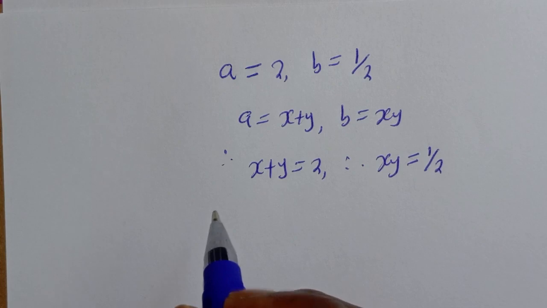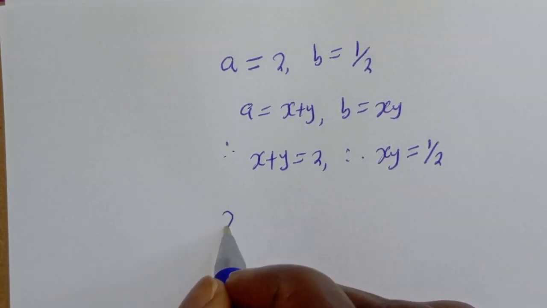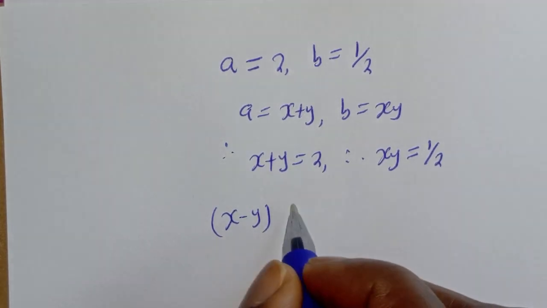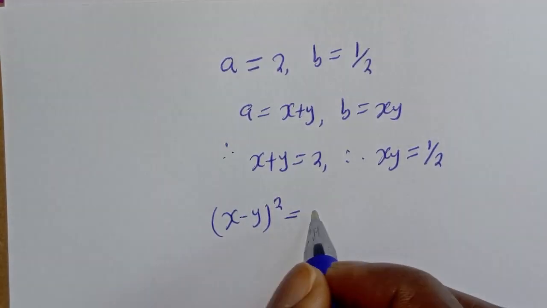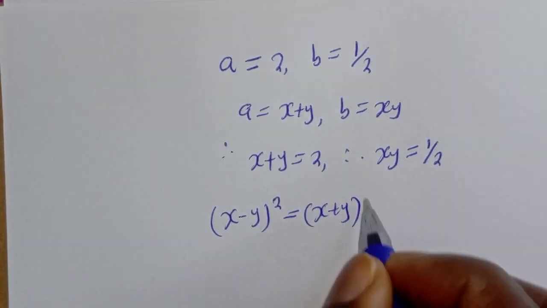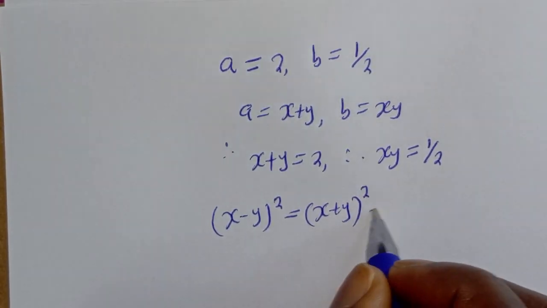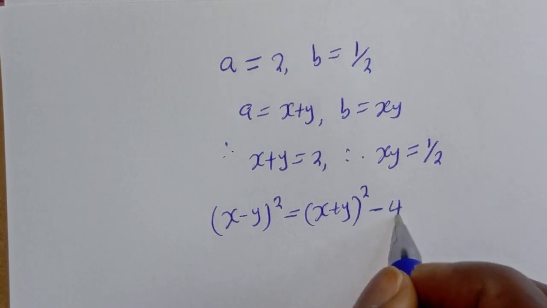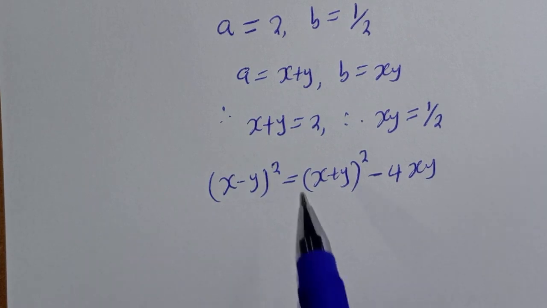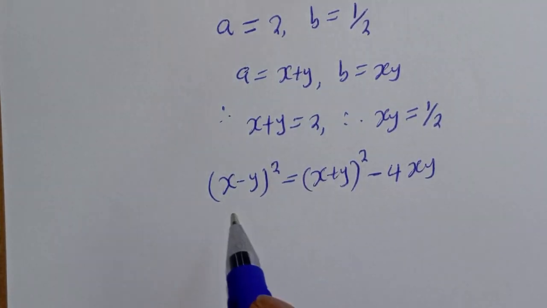Now remember the general rule that x minus y all square is equal to x plus y all square minus 4xy. We already know what x plus y is and what xy is.